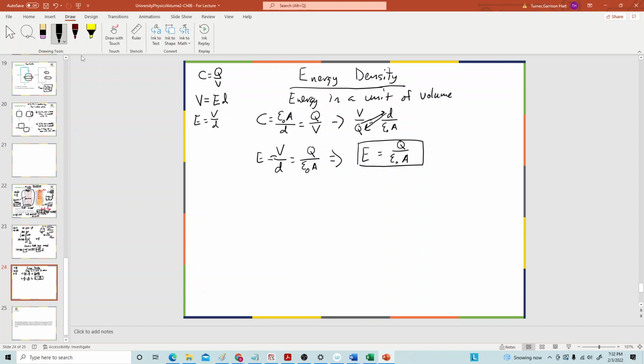And remember that the energy is equal to 1/2 Q squared over C, right?